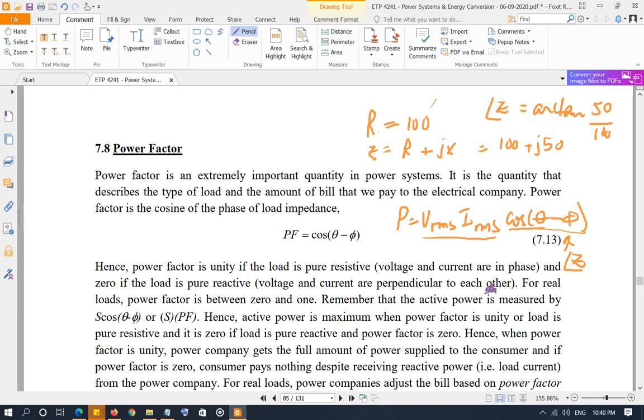So if you have motors, you have inductors. Generally for corporations, mills and big motors, they put capacitor banks in parallel to the motor.